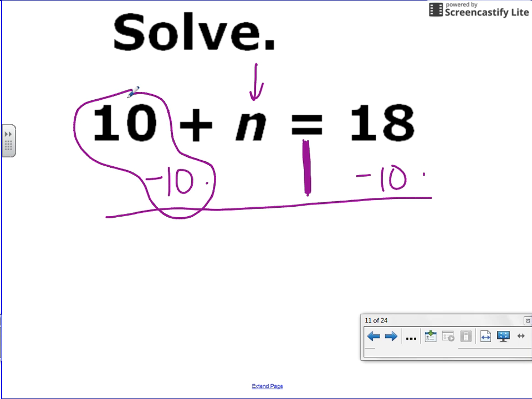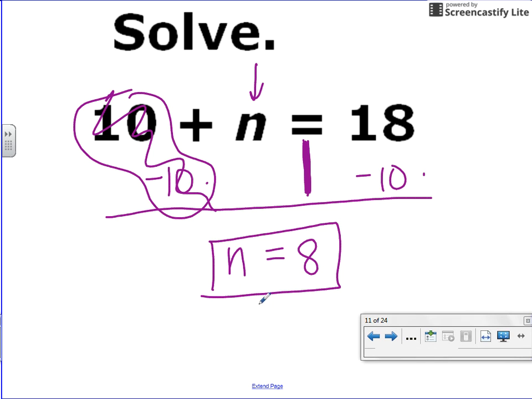This 10 and this negative 10, they wipe out. They go to 0. They're opposites of each other. And now I just have n, because 0 plus n is just going to be n. That's exactly what I was hoping to accomplish. Remember, get the variable alone. What happens over here? It's no longer 18. It's just 8. Now I'm saying that's my answer.